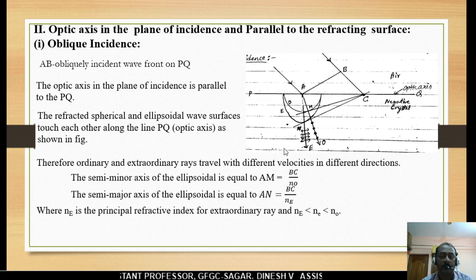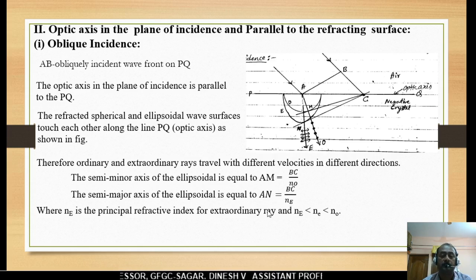We finally get the semi-minor axis of the ellipsoid equal to AM, that is BC upon the refractive index of the ordinary ray. In the same way, the semi-major axis of the ellipsoid equals AN, equal to BC upon the principal refractive index for the extraordinary ray, BC by NE.